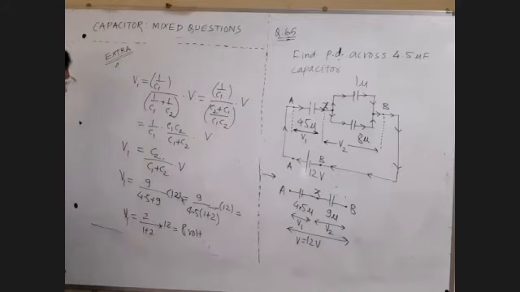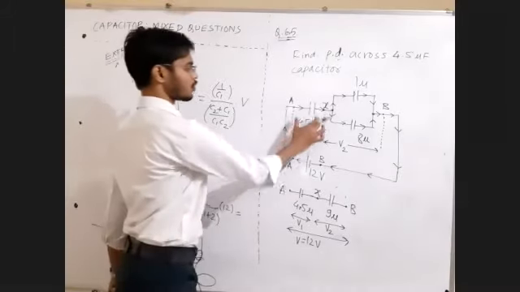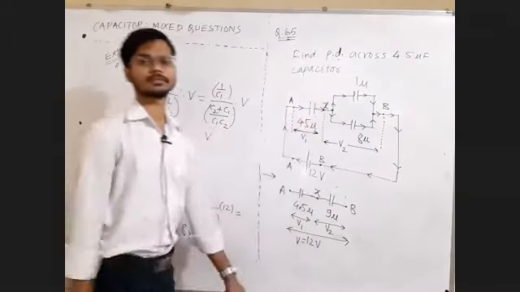So this is the potential difference across 4.5 microfarad capacitor.